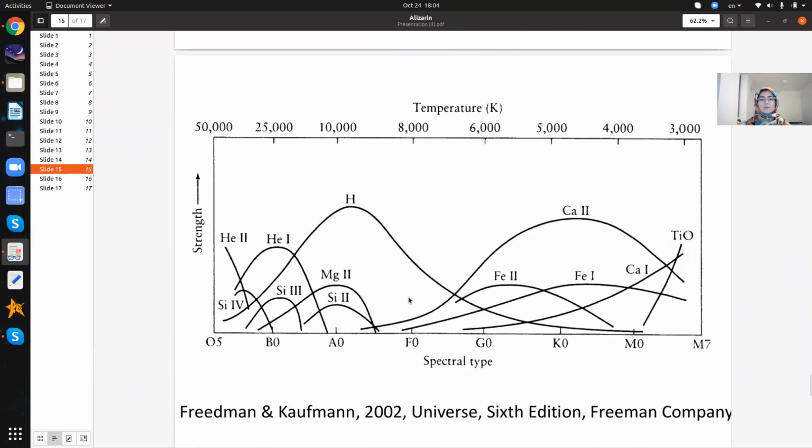Here you see that for each element or abundance, we have different classification. For example, for spectral type, hydrogen is here for classification A0. Or iron, Fe II or Fe I, they have different classification, G0, K0, and M0.